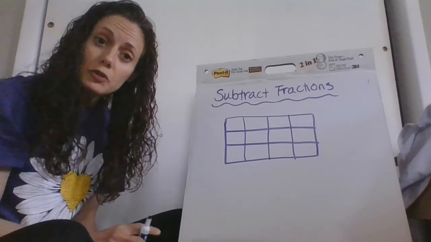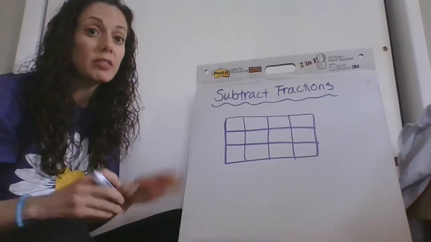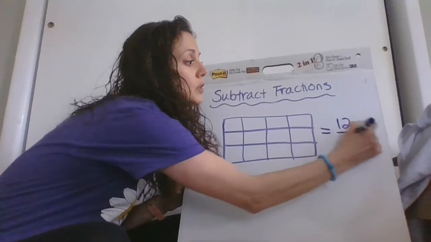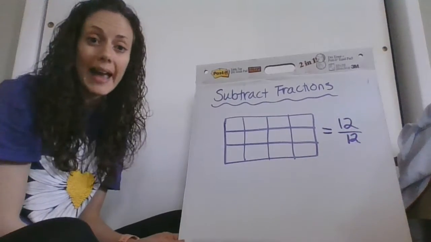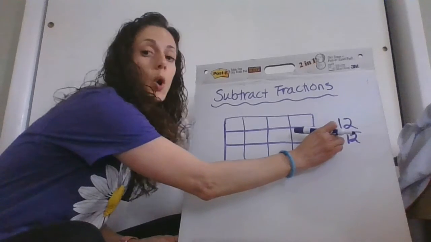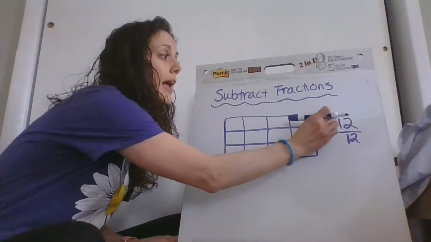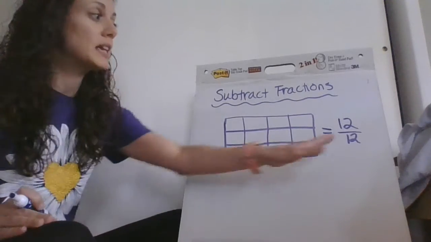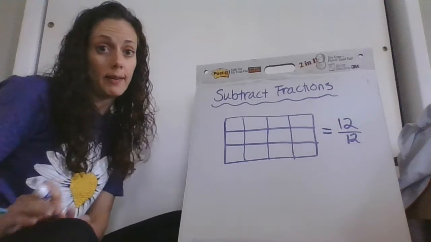Now, if you remember from yesterday, the way that we represent the whole in this case is the numerator and denominator match. It's the total number of parts, and the numerator matches that to show one whole. So in this case, it's 12 twelfths. That's the whole cake.